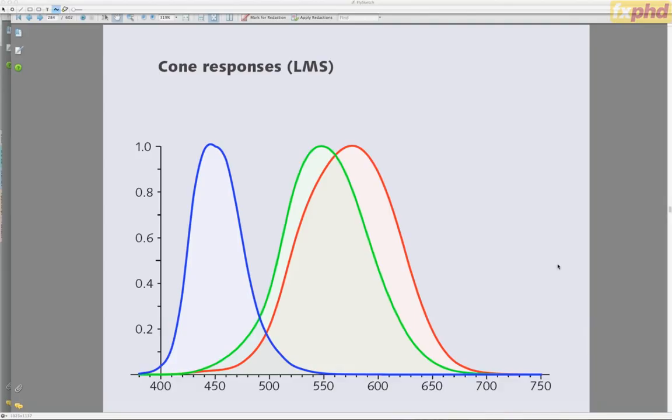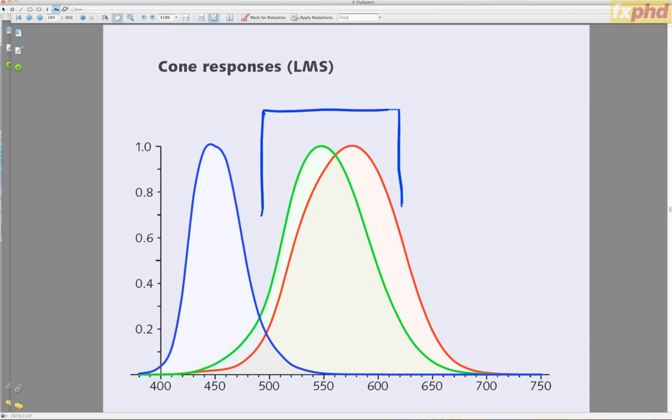The practical problem is that there's so much overlap. And let me pick a color that is not on my chart here. There's so much overlap between the long wave and the medium wave that this overlap turns out to be really bad for noise performance.